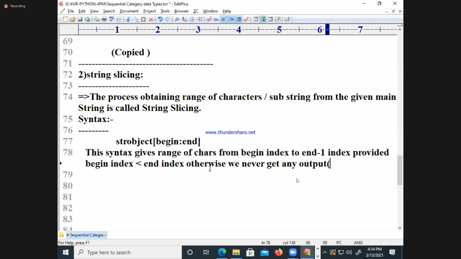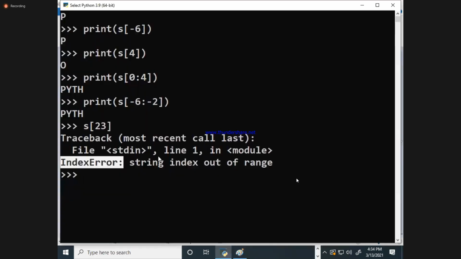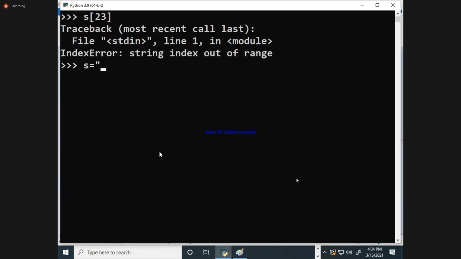No output means what? You will get like this. Let us apply. What is that base value? Again, take that value, Python. Print of s[1:5].